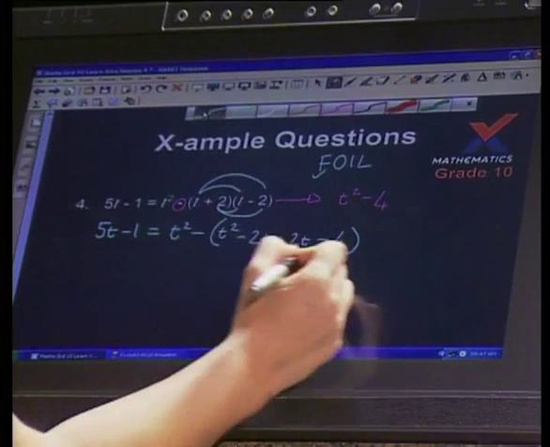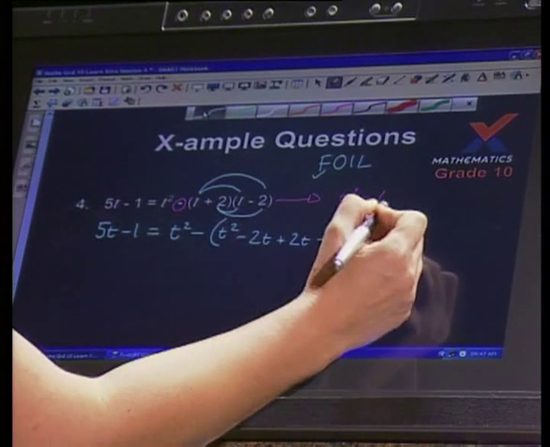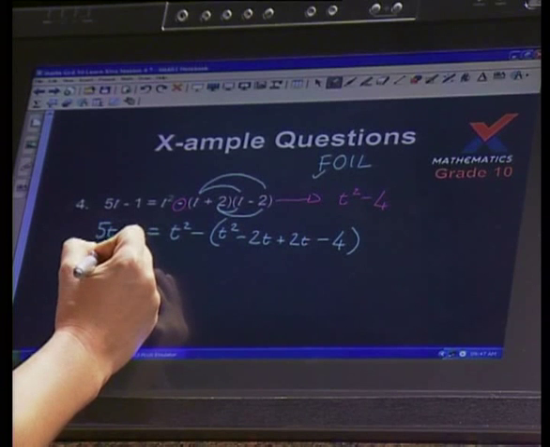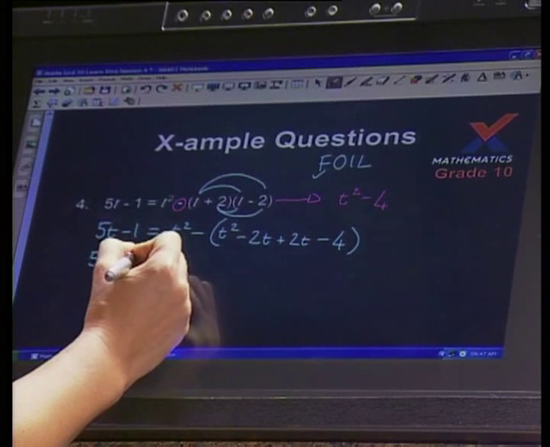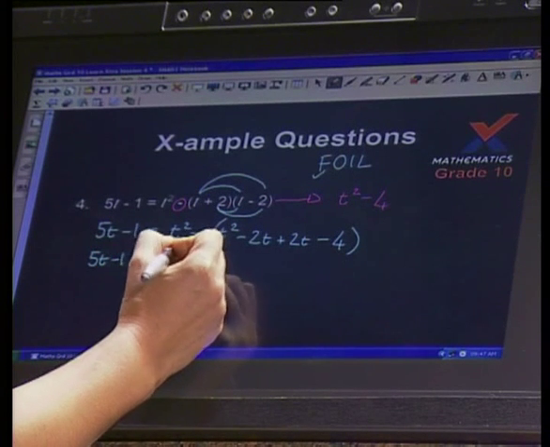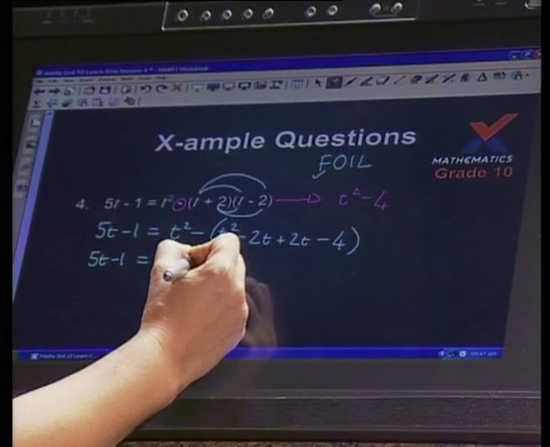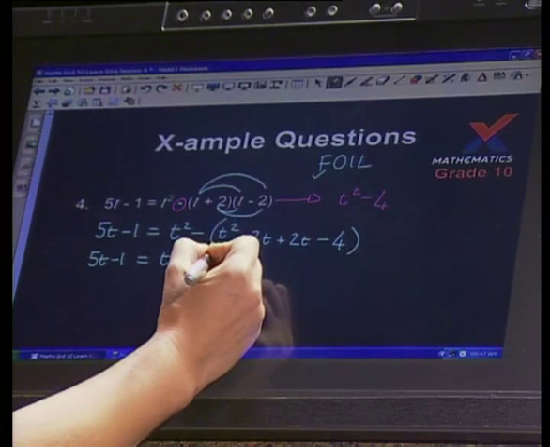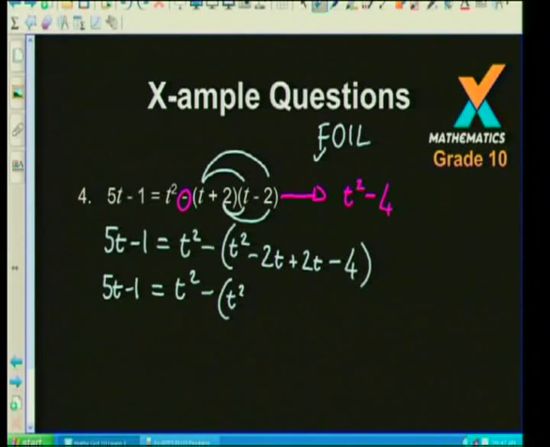Let's carry on with what's in the brackets to see if it ends up as t squared minus 4. So 5t minus 1 we're not doing anything with at the moment. And we have t squared minus, and then inside the brackets we've only got 1t squared, so I'm going to leave it as it is.